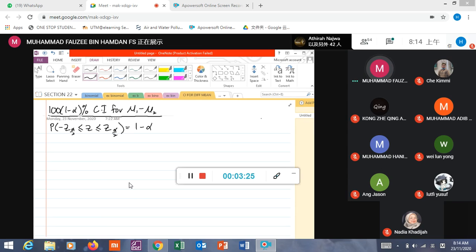How we construct the confidence interval, you don't have to show the steps starting from the probability, because you just need to know how to apply, because this is engineering practical.